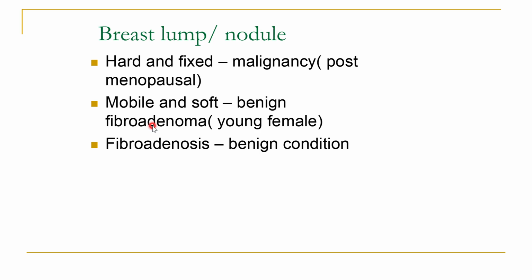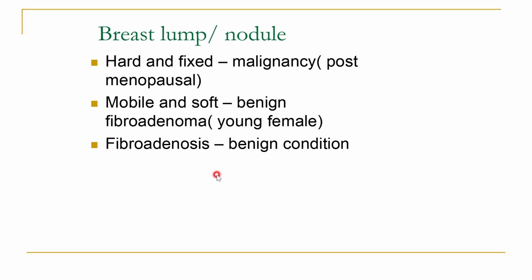Now the differential diagnosis for the breast lump or nodule. If the breast lump is hard and fixed, it is most probably a malignancy, if it is in a postmenopausal, I mean an elderly female. Whereas if it is mobile and soft, it is most probably a benign fibroadenoma seen in young females.